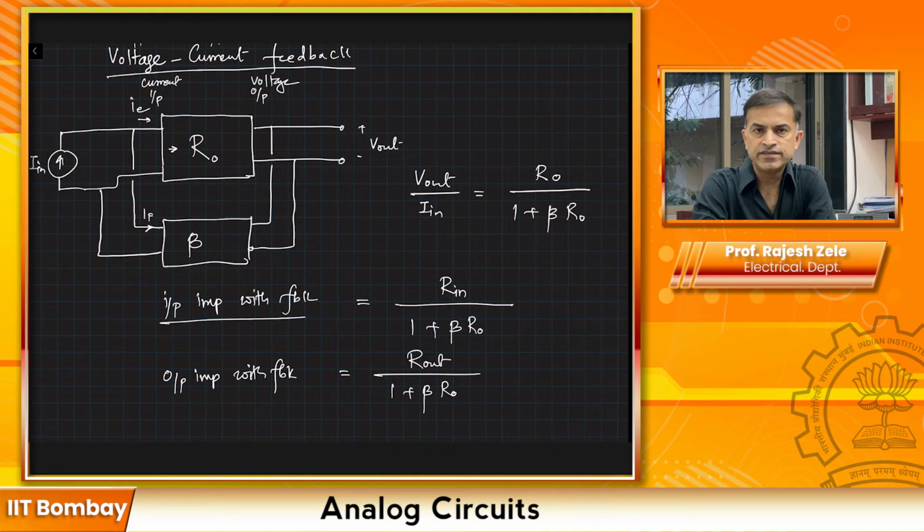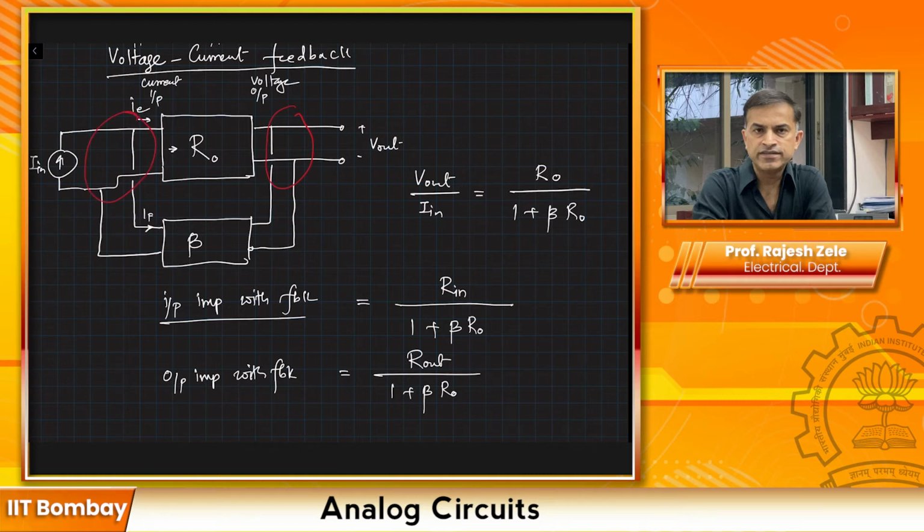So for example, in this particular case, if we look here, the sensing is happening by tapping off the voltage, right? So it's across the output, so it's in parallel. And whenever something is going on in parallel, then we say that the output resistance will go down by the feedback factor, 1 plus beta times R out here.